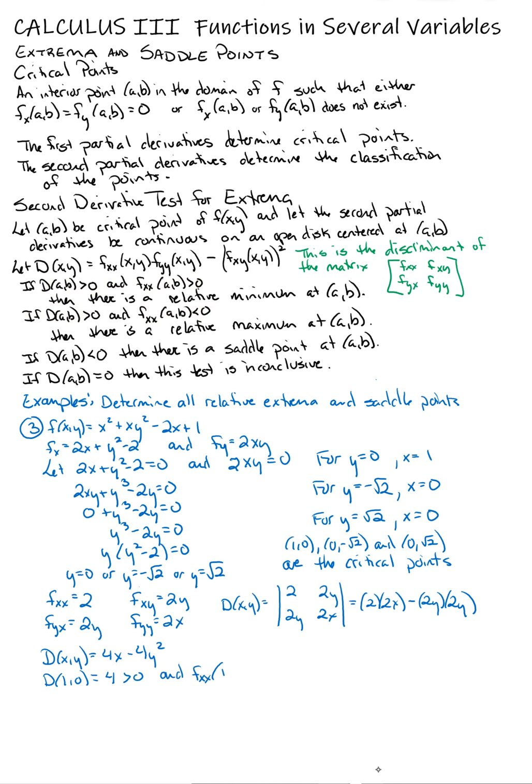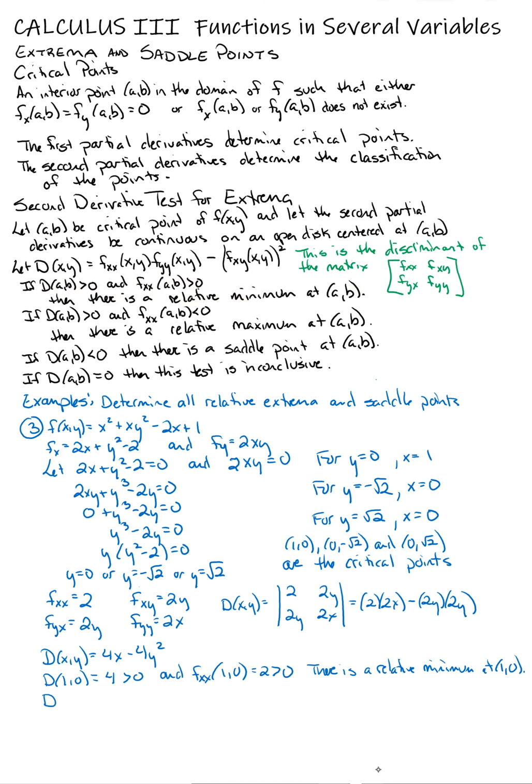Evaluate f sub xx at (1, 0). At any point, we get just a 2, which is also greater than 0, so both of those are greater than 0. There is a relative minimum at the point (1, 0).